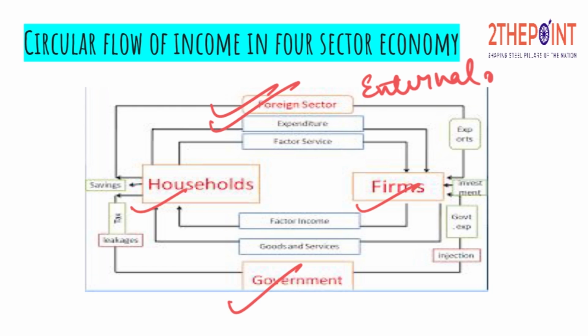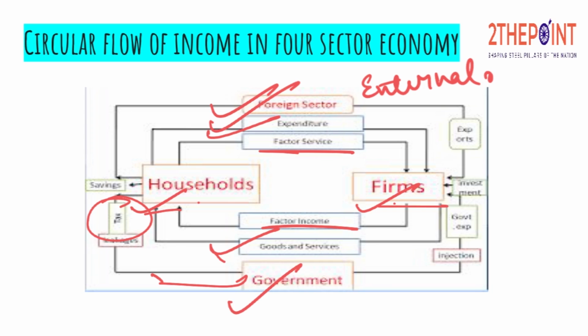So here, as explained earlier, households are there, firms are there, the same factor services, and the factor income earned is spent as expenditure, and you receive goods and services in return. Then there is taxation charged by the government, the tax from both the households and the firms. In return the government provides scholarships, pensions and subsidies.